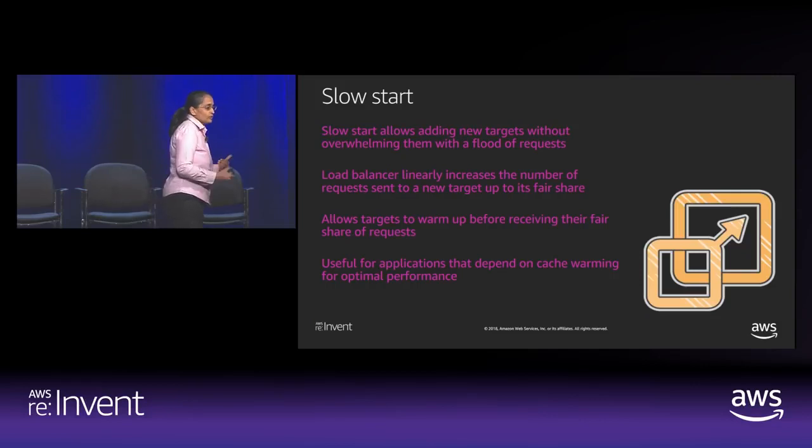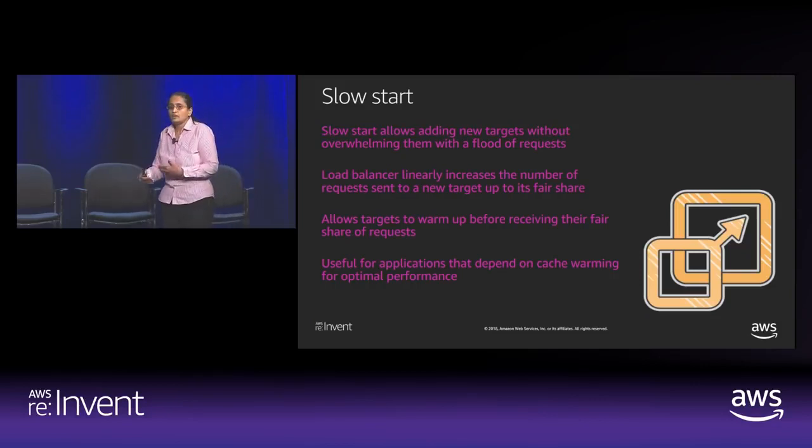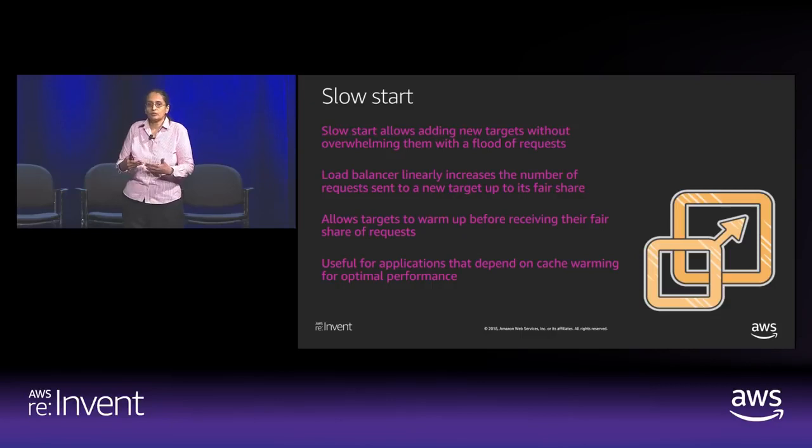The pain point our customers were seeing here is when new targets are added and the caches on that application or those targets are not warmed yet, it was not able to keep up or was not ready to respond to the requests yet. So what slow start does is it allows the targets to warm, and only when it's ready, it starts taking the fair share of requests that it should take.